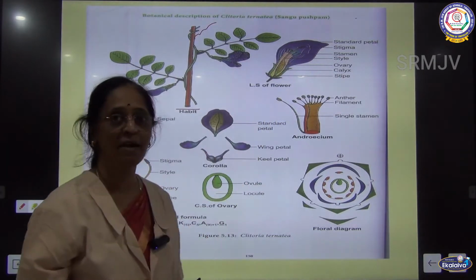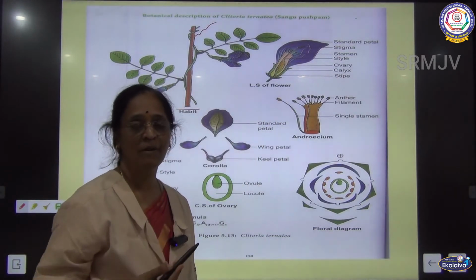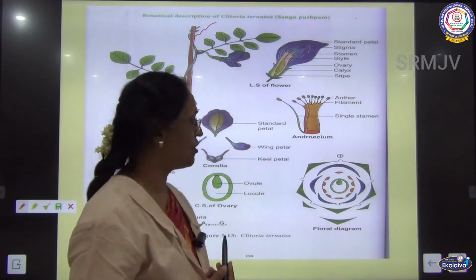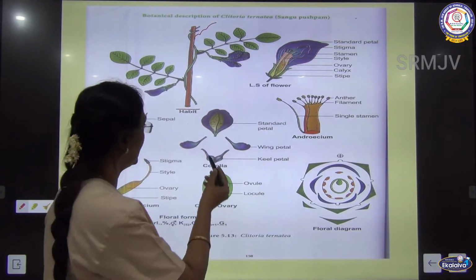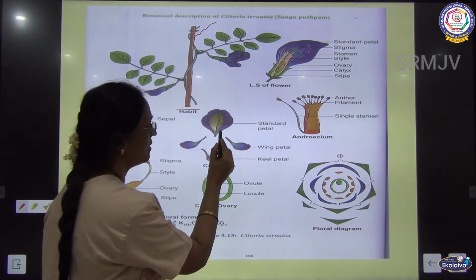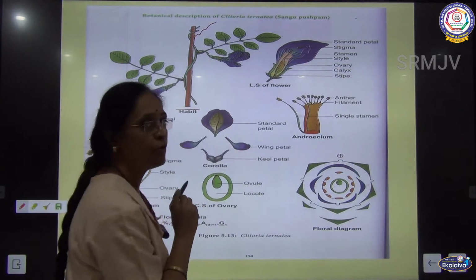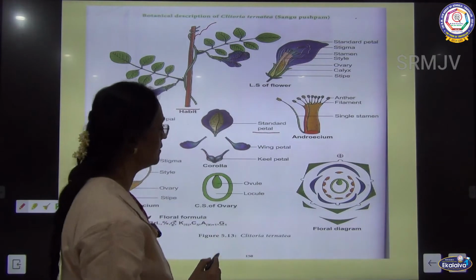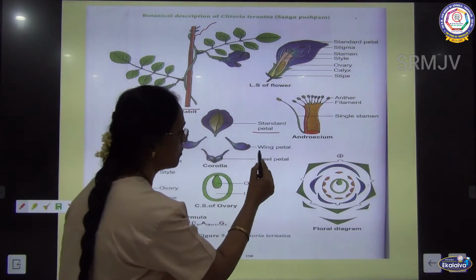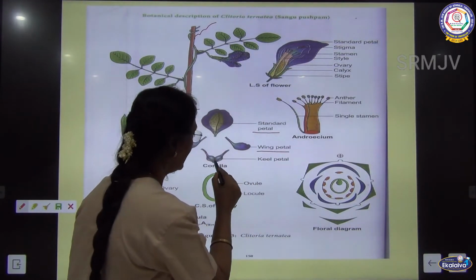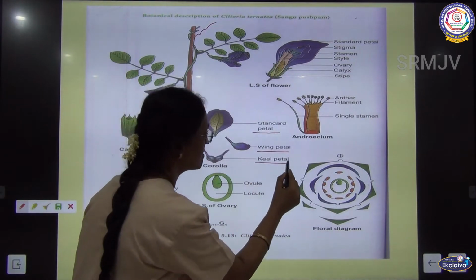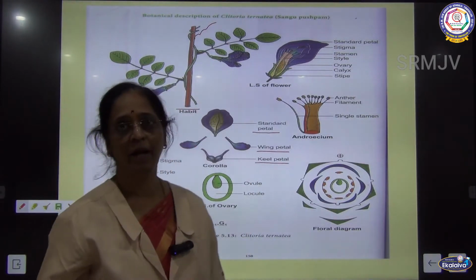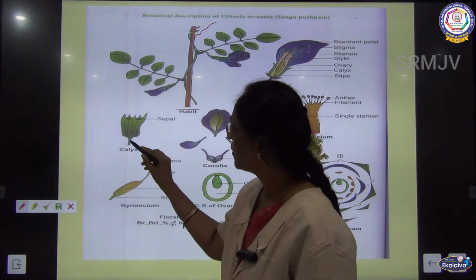And this is the flower. We have already studied this flower when we were talking about the corolla, the Papilionaceous corolla, where you will find the sepals here. It is a zygomorphic flower having a large petal called the standard petal, and the two lateral petals called the wing petals, and inner to that, these petals are called the keel petals.